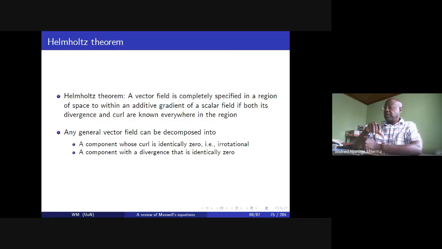A field with a divergence that is identically equal to 0 is usually called divergenceless, or it's called a conservative field, or a lamellar field. Say, for example, the gravitational field is usually a lamellar kind of field. If you do an integration, it does not depend on the path of integration.